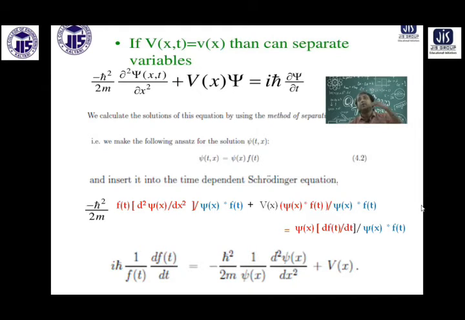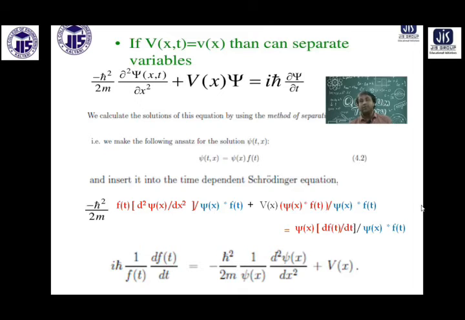So I've got an equation. You please see, one side is purely x and the other side is purely time. You have got an equation whose one side purely depends on x, the other side purely depends on t. Why is it possible? Because one side depends on the time and the other side depends on the space. So I have separated that out.